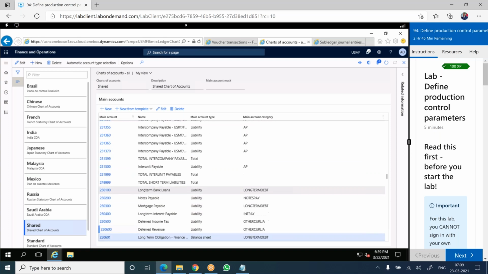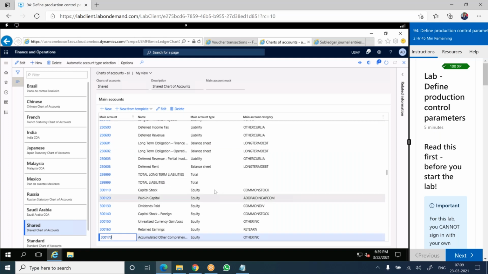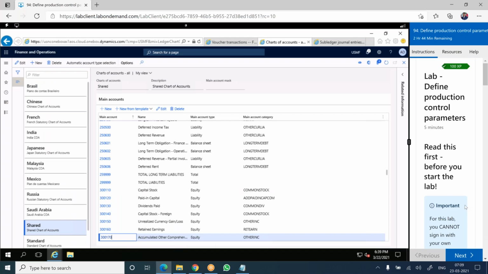Next, 3 series is equities. 1 series assets, 2 series liability, 3 series equities. All these 1, 2, 3 are balance sheet items.